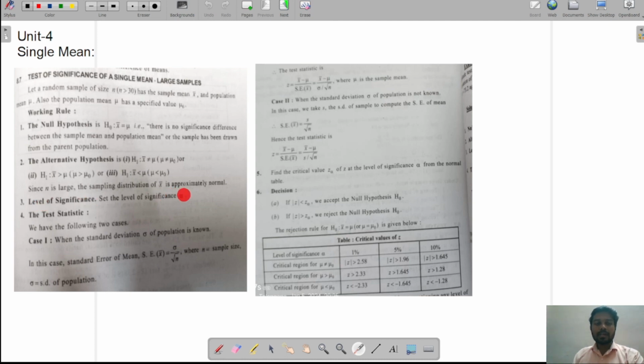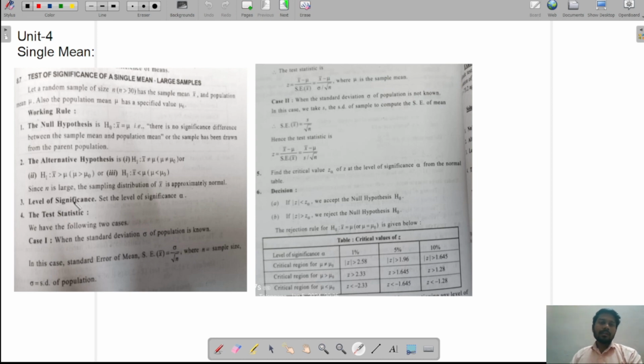This alpha we saw in the last lecture, in the t distribution and capital F distribution. If the alpha value is given in the question, no problem. If alpha is not given, then there is a standard value for the level of significance, that is 5%. Right. And now the test statistic.